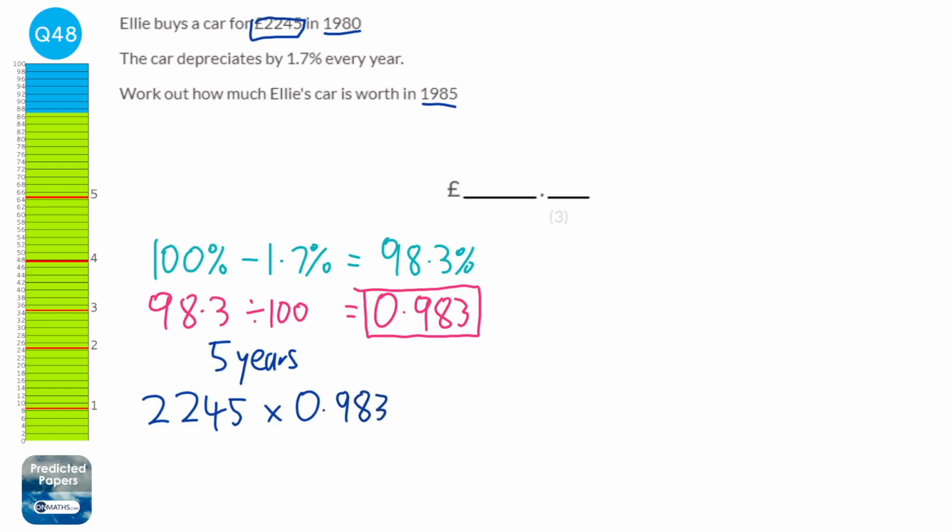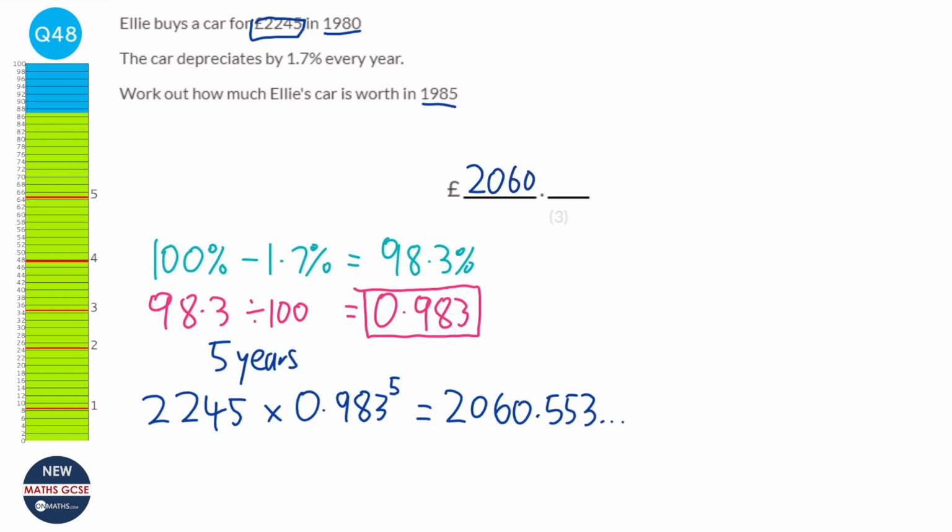Now, I can't be bothered on my calculator to times it by 0.983 5 times, so what you can do is do it to the power of 5, which basically means the same thing. And that gives us 2060.553, and when we round that, that would be £2,060 and 55 pence.